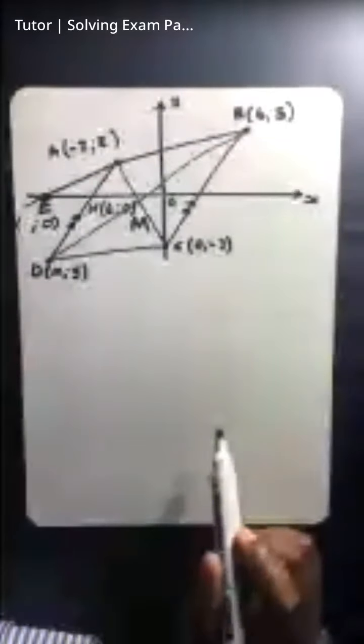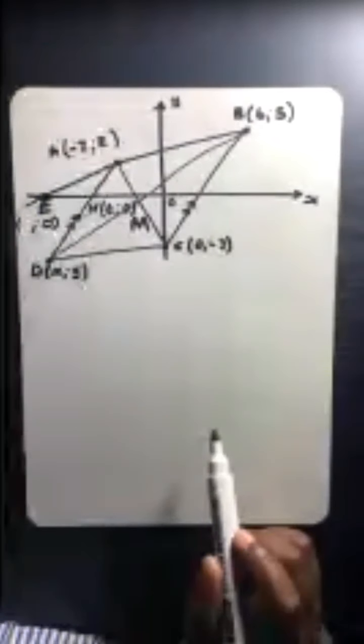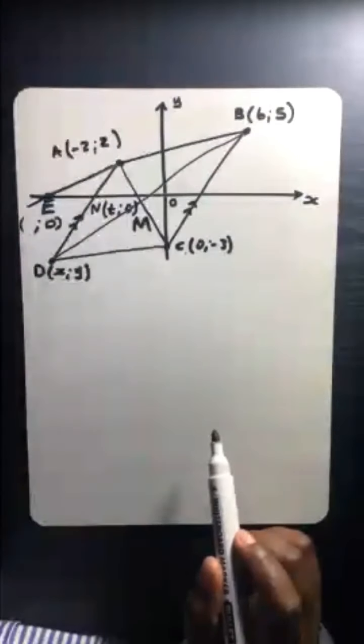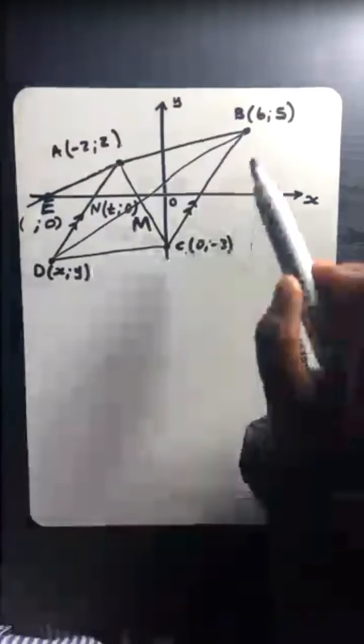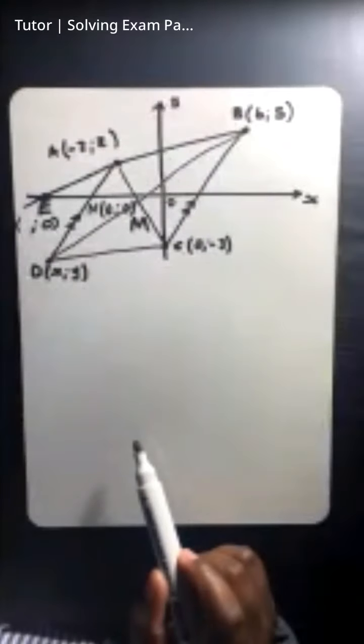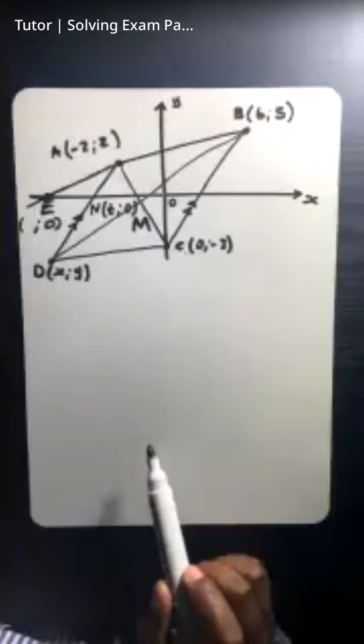Let's continue, guys. BD and AC intersect at M. Let's see, where is BD? There is BD, okay? And AC, where's AC? There's AC. What about those, Mr. Examiner? Intersect at M. Where is M?